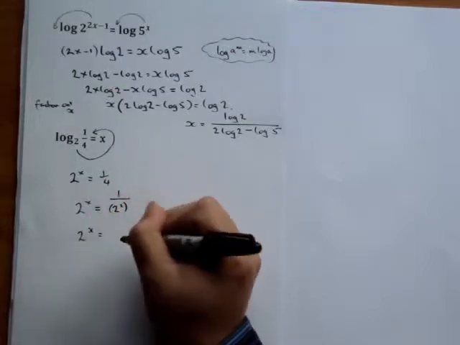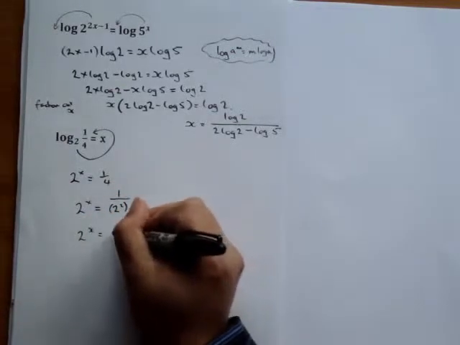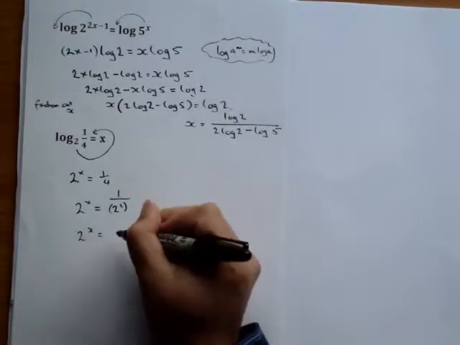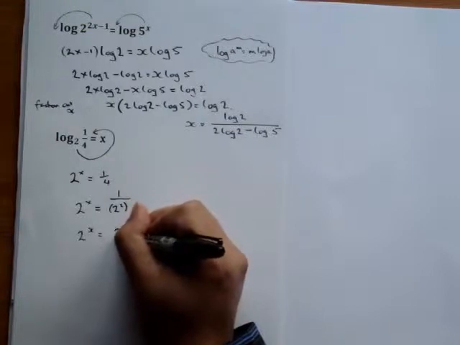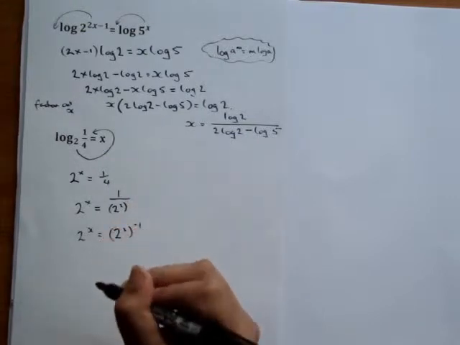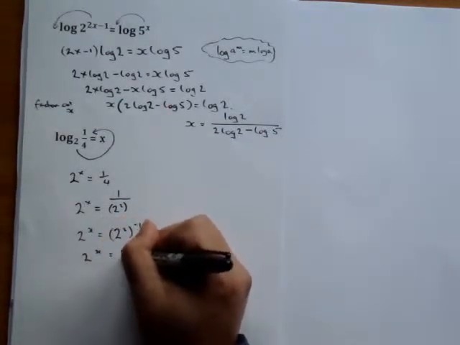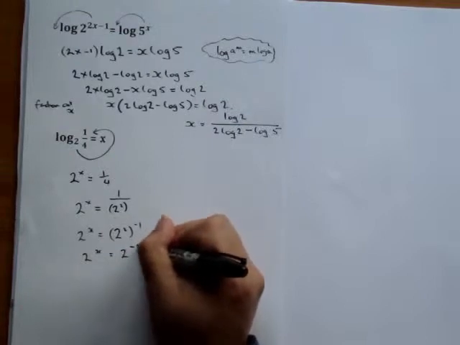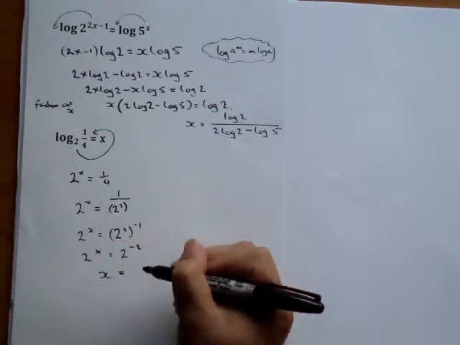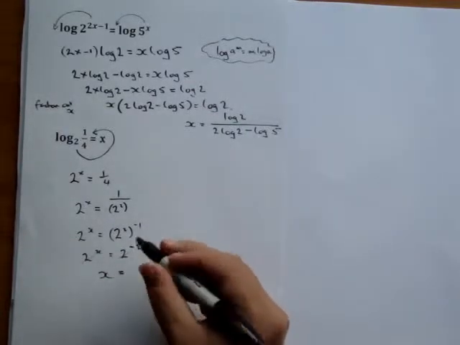Let's get rid of the reciprocal. It's 2 to the 2 to the minus 1. Now let's get rid of the brackets. So 2 to the x equals 2 to the minus 2. So x equals, because the base is now the same, x is minus 2.